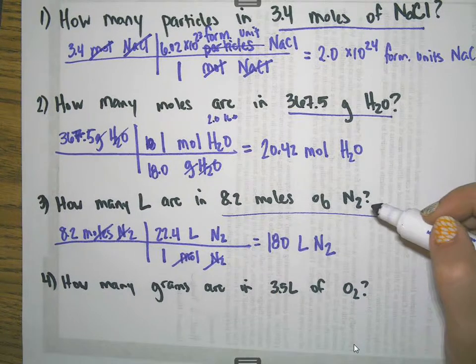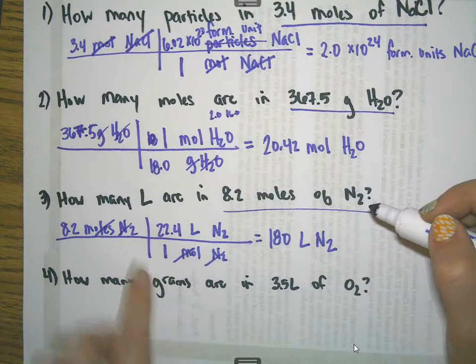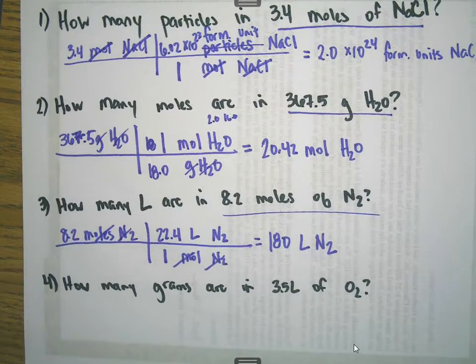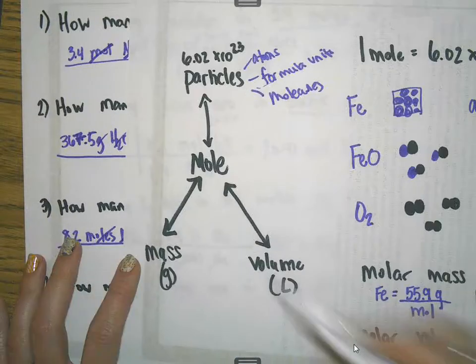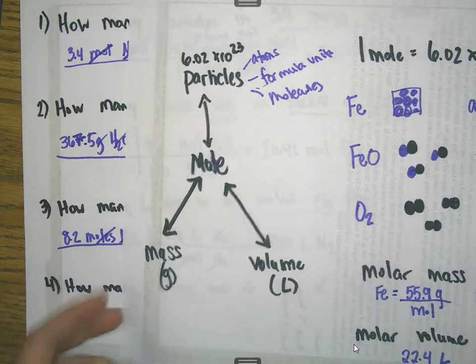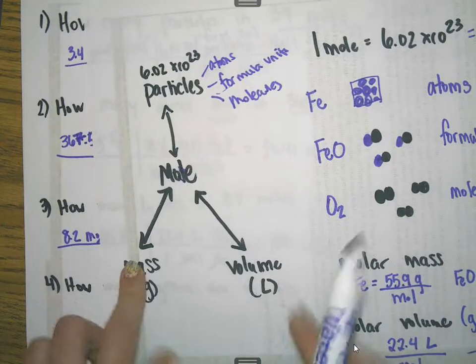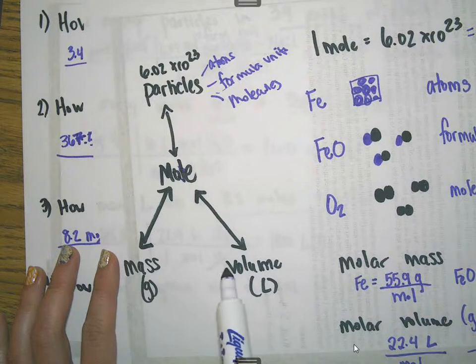Now my last one's a little bit harder of a problem because this time I don't just have something that goes straight to a mole. If you go back to my original paper, everything else has been going to mole, it's been related to a mole. This time I'm asking how many grams are in liters, and I don't have anything that directly connects these two things together.